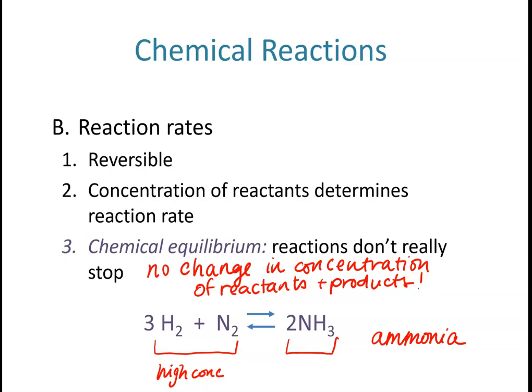What it means is that the conversion of reactants into product is happening at the same rate as the dissociation of the products back into the reactants. So we say that the forward reaction rate and the reverse reaction rate are the same. So there's no net change in what we have available.